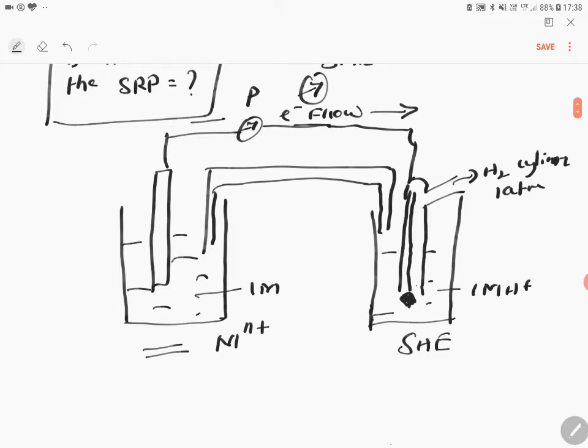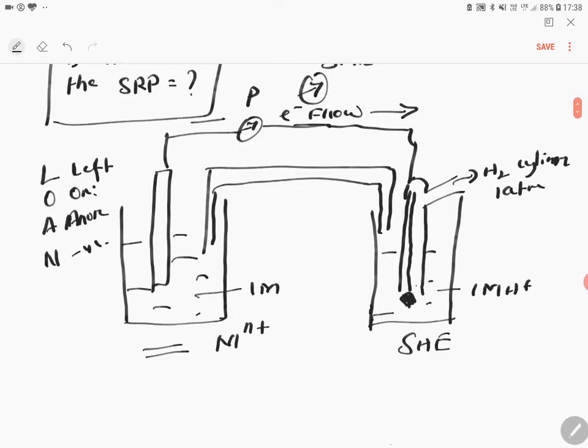Therefore, if this is the case, you will remember this mnemonic called LONE. What is this? Left hand side, oxidation, anode, negative.